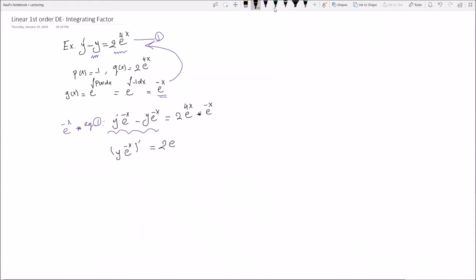When we multiply e to the power 4x by e to the power -x, you just add the powers, which is 4x plus -x, giving us e to the power 3x.